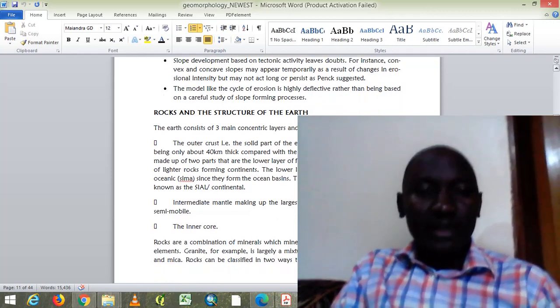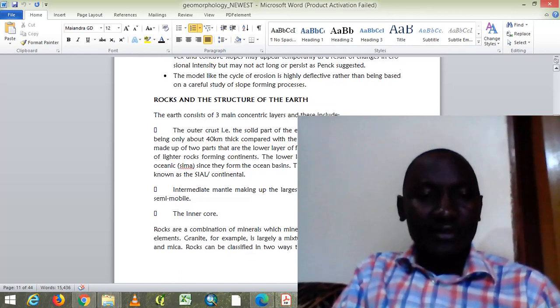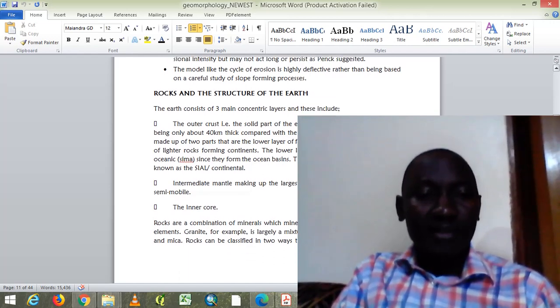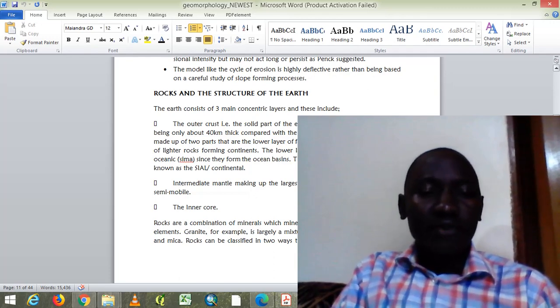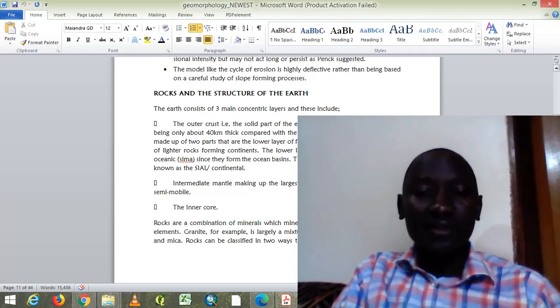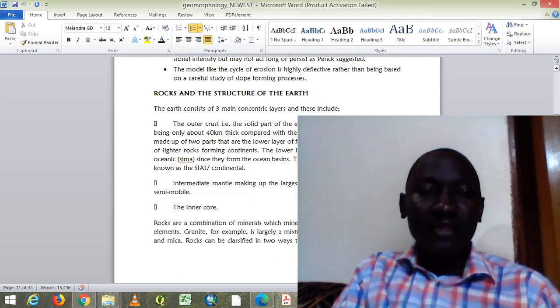But today, for this morning, I want to explain something about rocks and the structure of the Earth. You know very well that the Earth consists of three main concentric layers, where we have the outer crust, which is the solid part of the Earth and also the smallest. It's very thin, about 40 kilometers thick, compared to the Earth's radius.